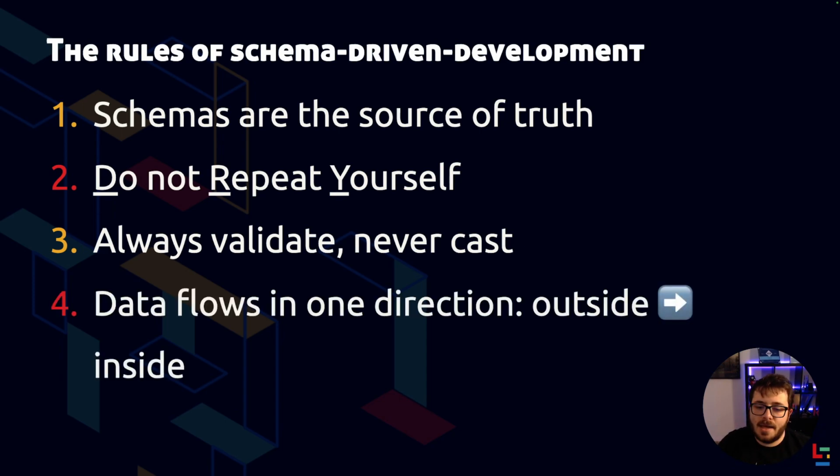Then the next one is the principle that the data flows in one direction only, which is from outside to the inside of your application. So if you think of an API, the outside is the outside world, the ones interacting with your application layer, your presentation layer, so your clients. They are sending data in, and then this data comes from the outside, passes through your validations, and then goes inside.